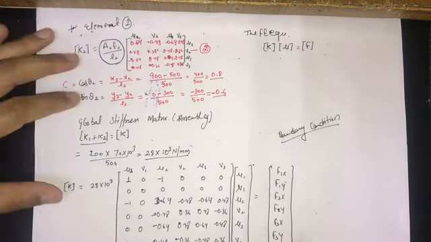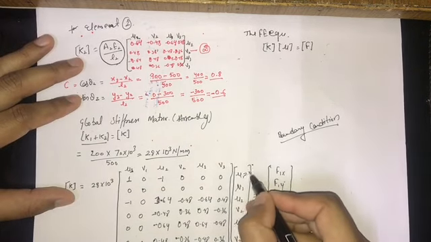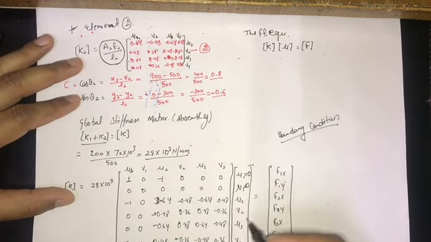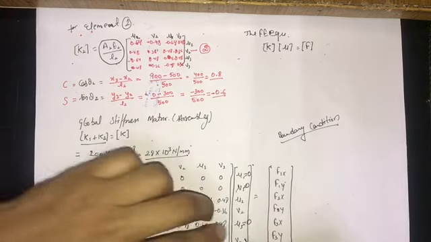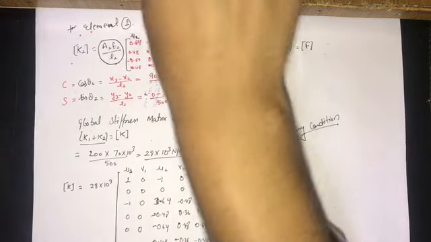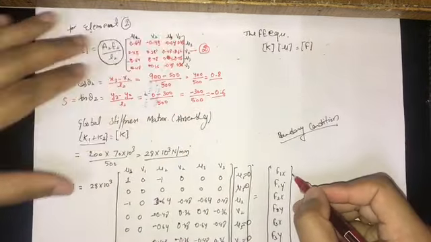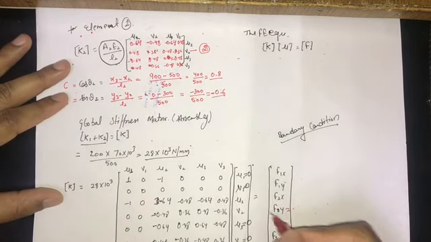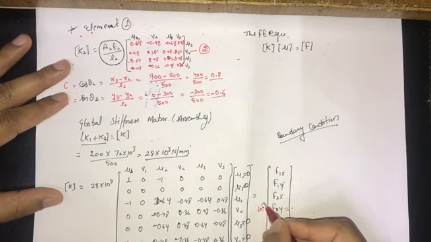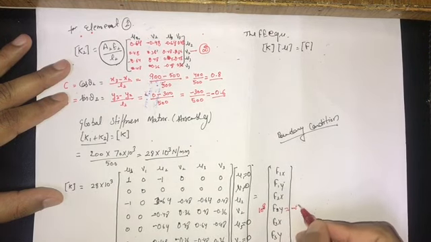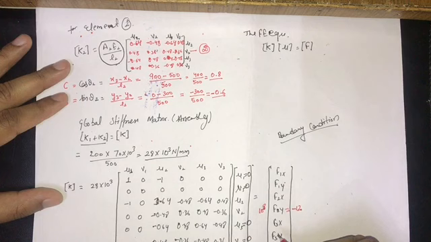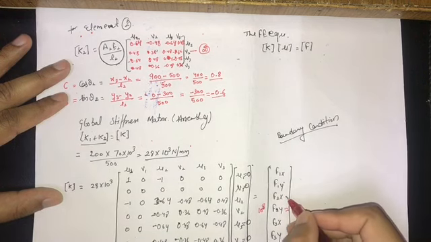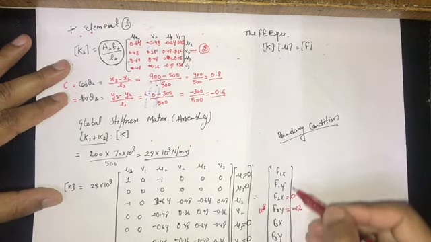So here this value is equal to 0, this value again 0, this is 0, and this is again 0. And only F2y, taking 10 power 3 common, is minus 12, because the others are 0 and these are unknown.